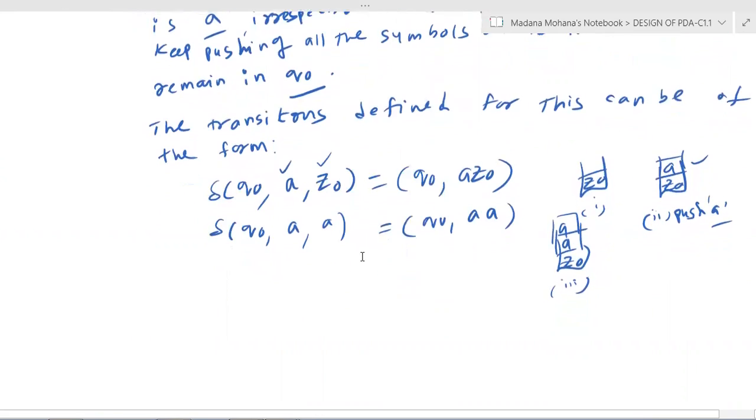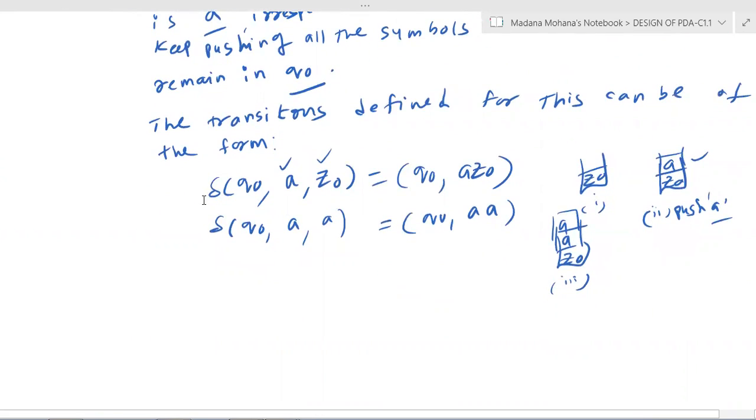Now by using these two transitions, you can observe, first one A is pushed onto the stack. Then whenever your input is the next A, again that A is also pushed onto the stack. So using these two transitions, you can push as many A's as the input string contains.